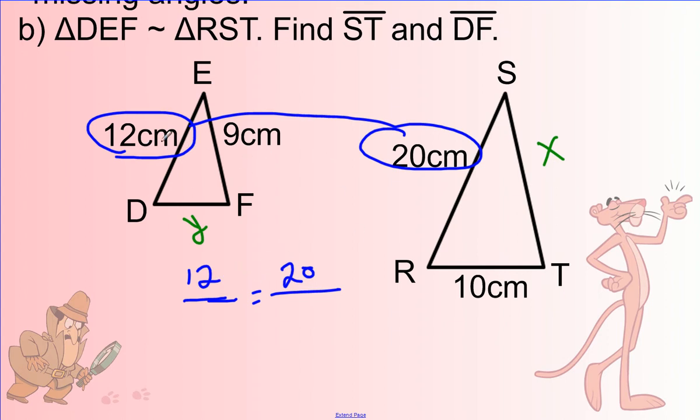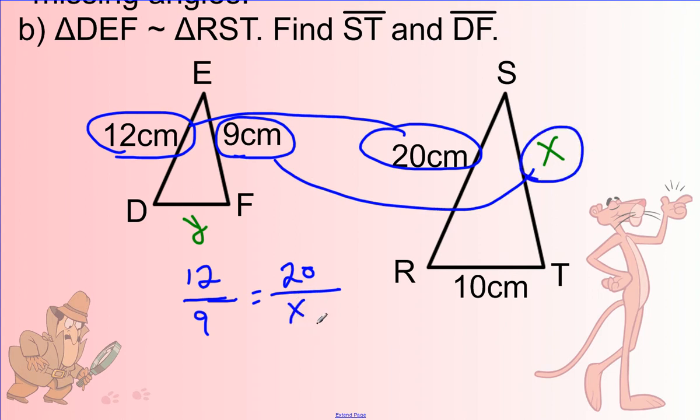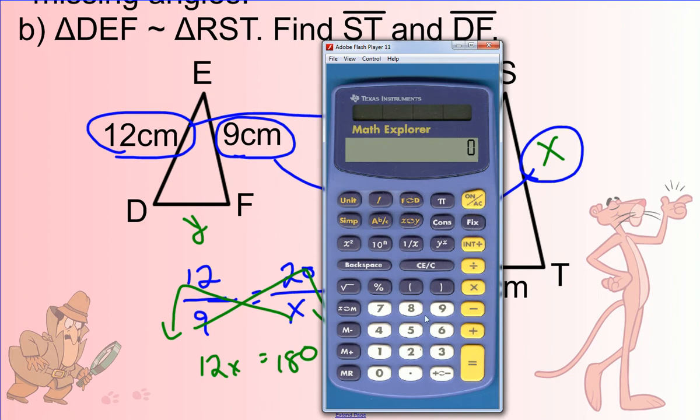So for example, now I have 12 corresponds to 20, and 9 corresponds to x. Look at that. I have a proportion with one variable. I can cross multiply and solve. That gives me 12x equals 180. Divide both sides by 12. 180 divided by 12 equals 15.